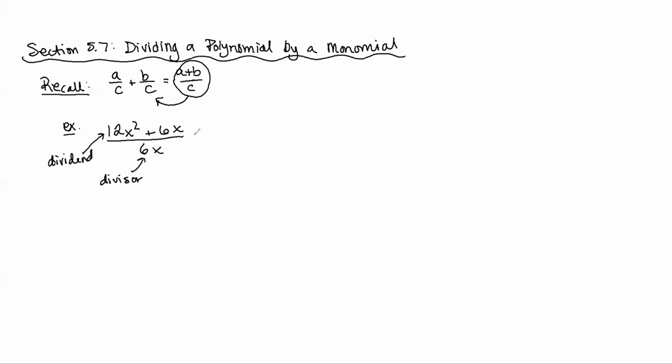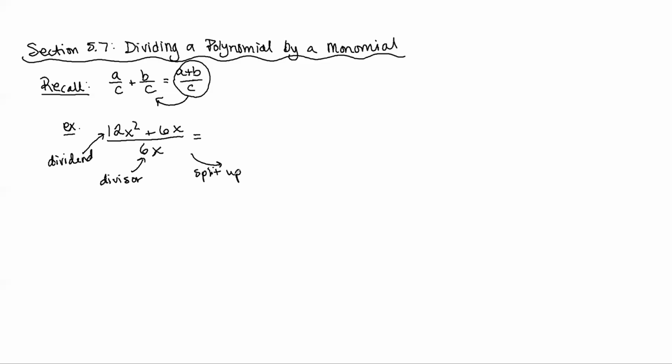And so what we're going to do here is we want to go ahead and split this up. And one important thing to note is that this only works when there's a single term on the bottom. If you have addition or subtraction down there, you have to use long division. All of these are going to use this kind of process though.